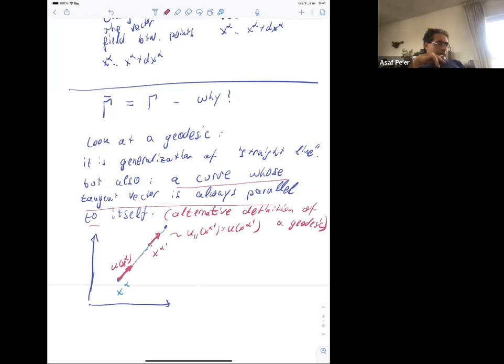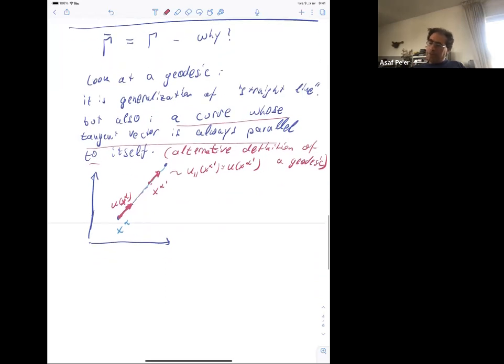So if I call it U, that means that if I take the covariant derivative of U in its own direction, then what must it be? It's the covariant derivative of U in the direction of U. Right, the same direction. Remember that the vector U defines a path.